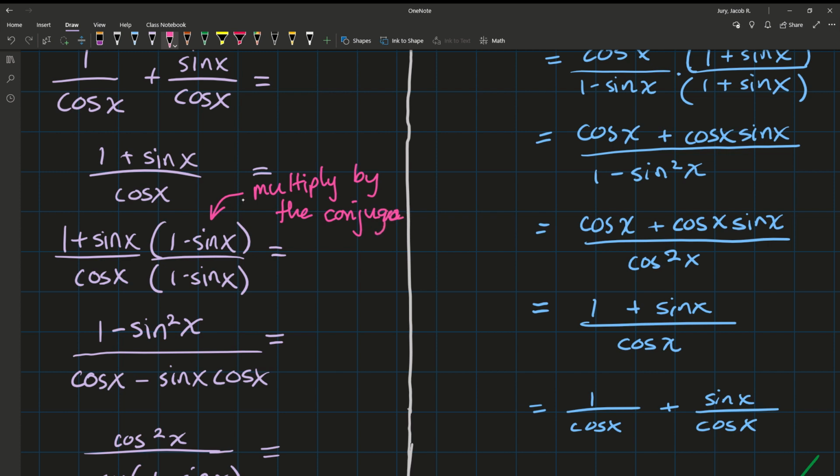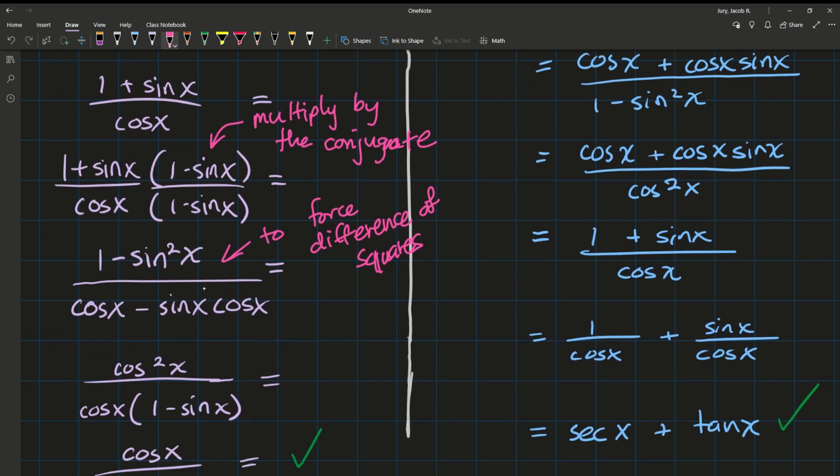If we don't do this, then we can't force a difference of squares situation. And that's important because a difference of squares, when it comes to trig functions, looks like a trig identity we know, and then we can simplify from there.